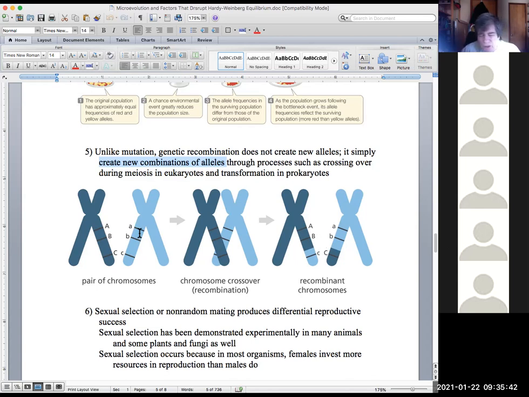So even though the genes haven't changed, the phenotype that you get from the genes might be different. So that's not necessarily the same. And that's why genetic recombination is important, because when we get these new combinations of alleles, sometimes we get a new phenotype. Proteins in your cells are not independent entities. They're affected by other proteins in their environment.